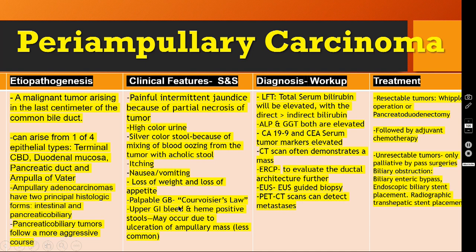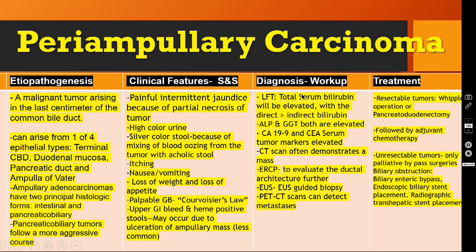Gallbladder is palpable. That is your Courvoisier's law, because jaundice is not because of gallstone. Upper GI bleed and heme positive stools will be there, or guaiac positive stool, or FOBT positive. This may occur due to ulceration of the ampullary mass.